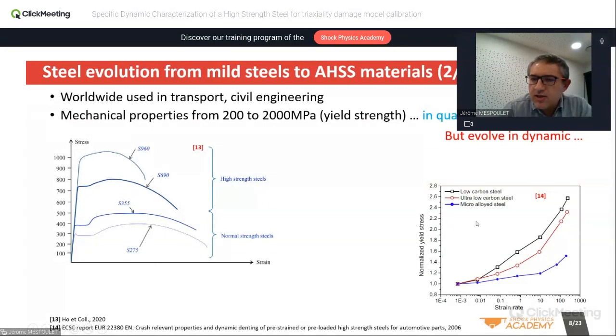And what you can see is that the low carbon steels, at the bottom on the left, the curves in black, have a high ability to increase in dynamics compared, for example, to the micro-alloyed steels in blue, that are higher in quasi-static but less effective in dynamic.